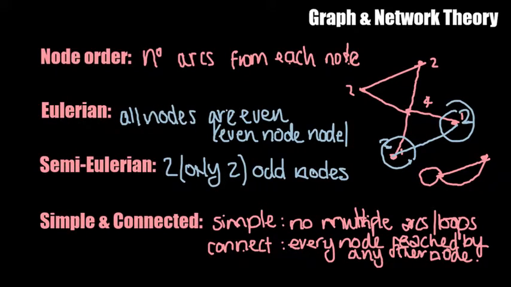So they don't have to all be connected by direct paths, but there's no little node sat out on its own that you can't get to from any other place. Every single node in your network can be reached.